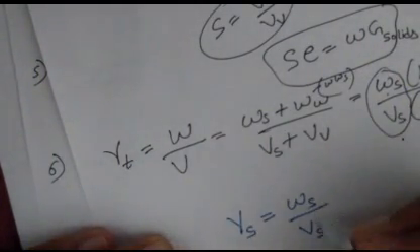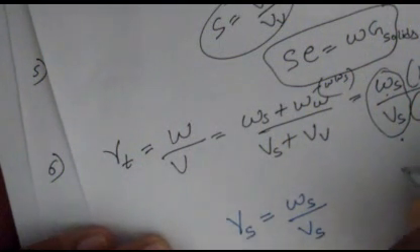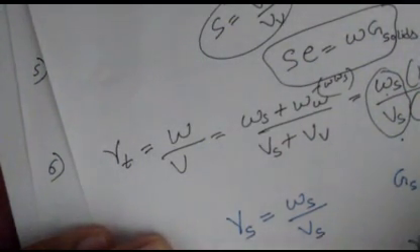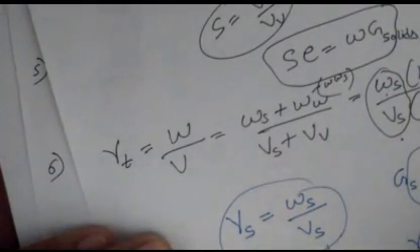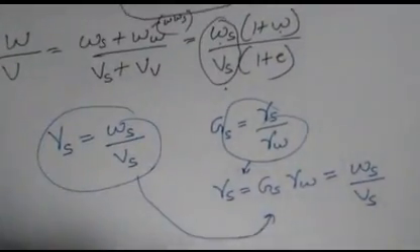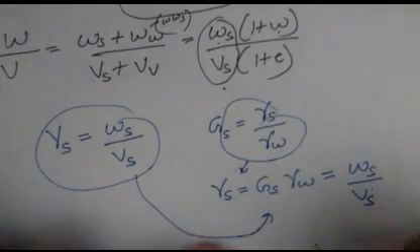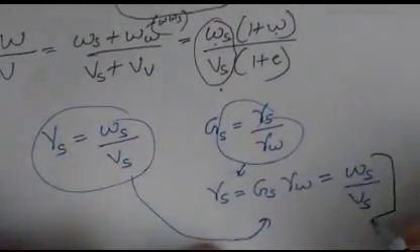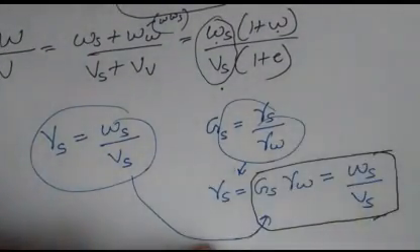On the other hand, we have G of solids is equal to gamma S by gamma W. We can write gamma S is equal to GS gamma W from here, and this is equal to WS by VS. We should use this thing in many places.